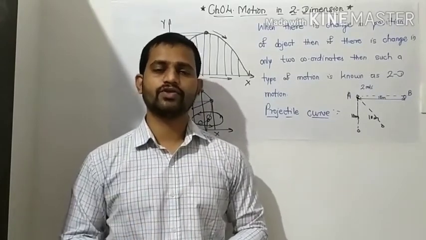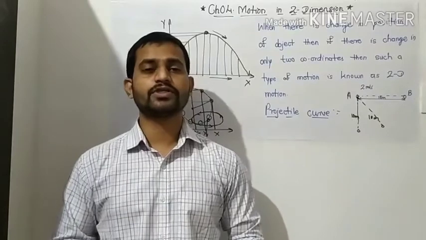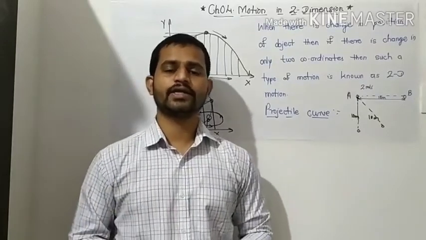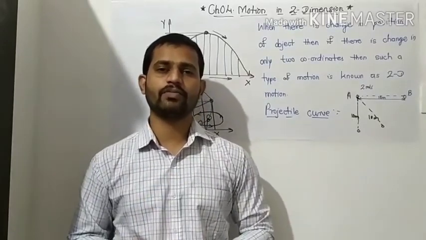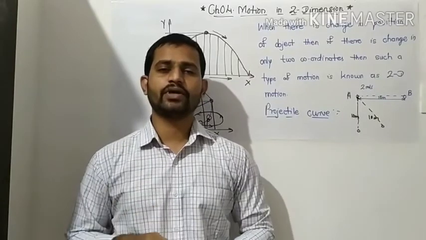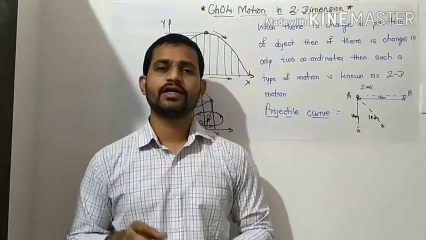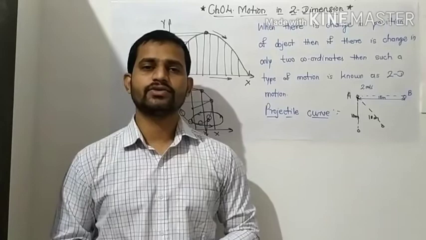So whenever we have to perform a certain operation and we must be aware of the magnitude as well as the direction, such a quantity is known as a vector quantity.